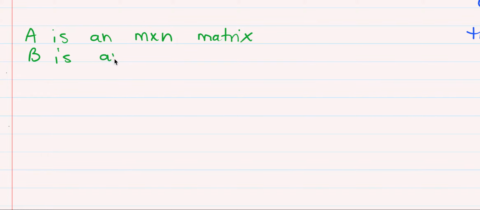So let's say A is an m by n matrix and B is an n by p matrix. Then we can multiply these two matrices together.